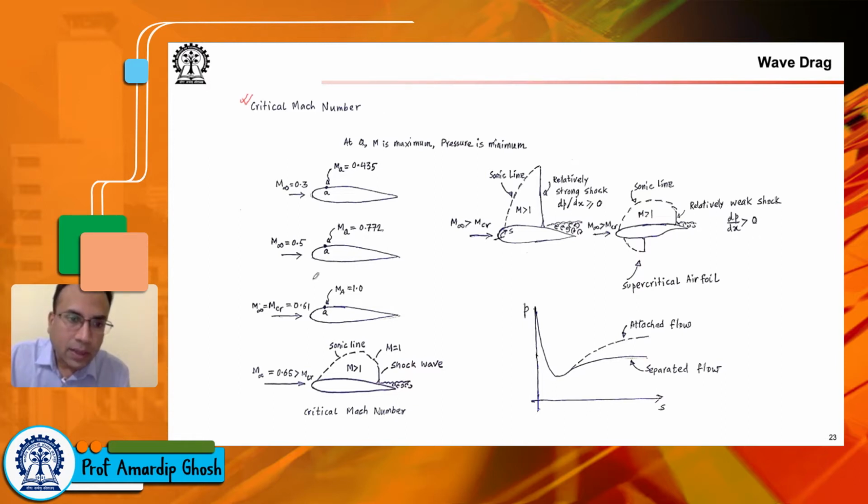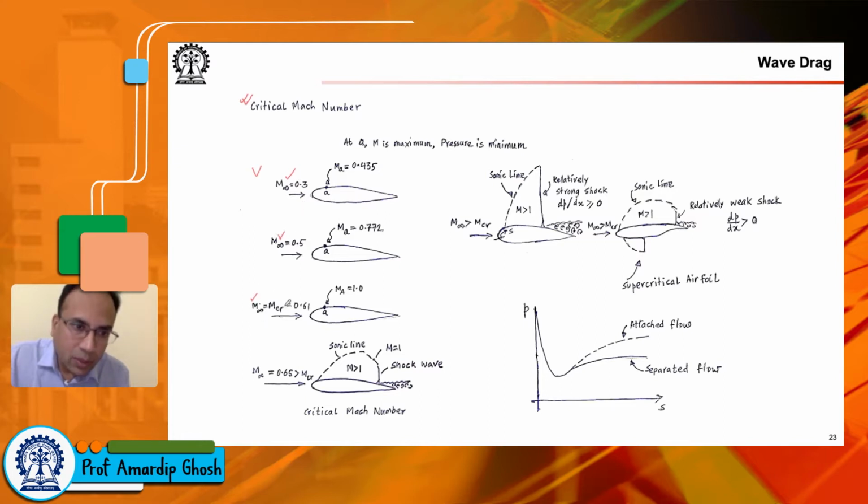Look at these images here. We have a low speed vehicle, essentially a vehicle flying slower than the speed of sound. Mach infinity is 0.3, Mach infinity is 0.5, so the vehicle as a whole is flying subsonic.